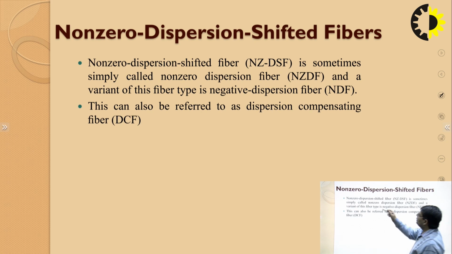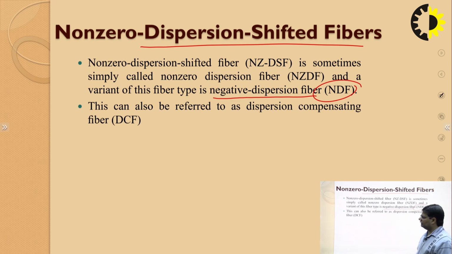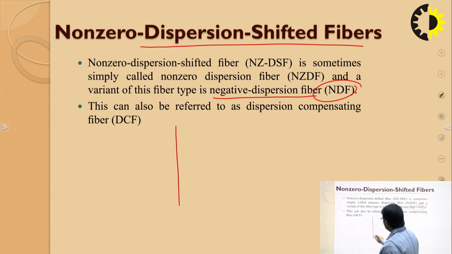Next is non-zero dispersion shifted fibers. That is, we can get the dispersion response characteristics either above the zero dispersion level or below the zero dispersion level. One example for this is NDF, that is negative dispersion fiber. As discussed in the response like this, here we have the dispersion, positive, negative, and here we have the wavelength.